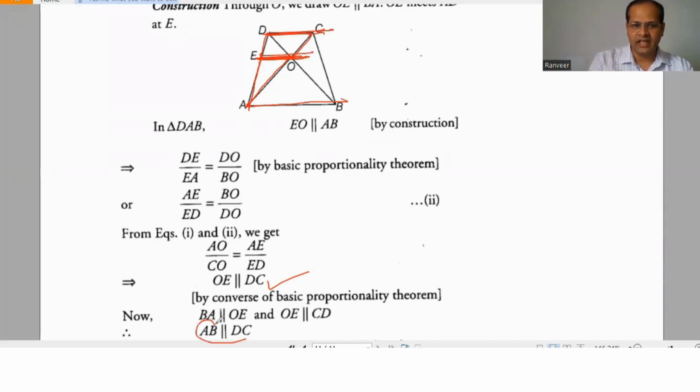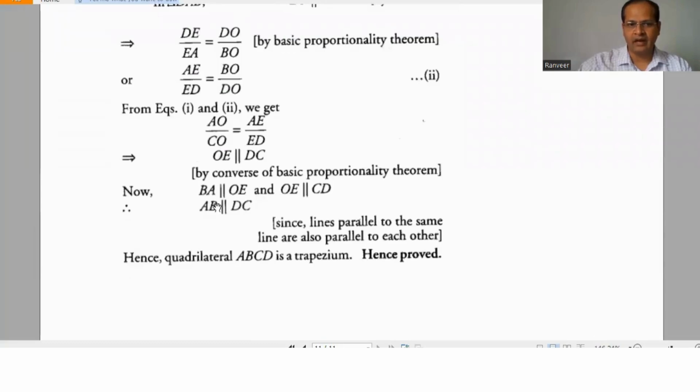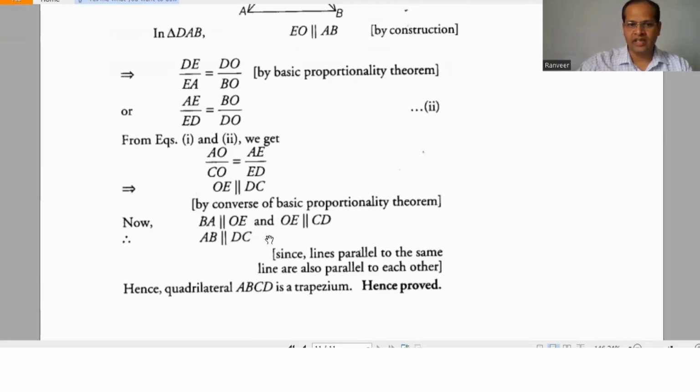Then definitely we can say AB is parallel to CD, since lines parallel to the same line are also parallel to each other. So definitely this figure is called a trapezium. So this is the way. Some important tricks are also there, you just have to follow and prove that. Thank you.